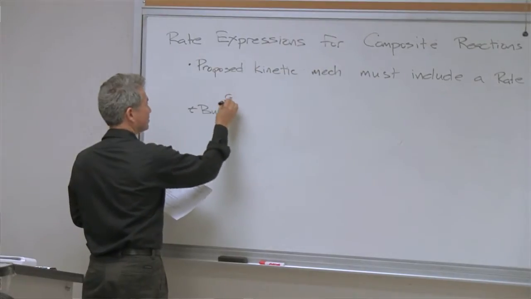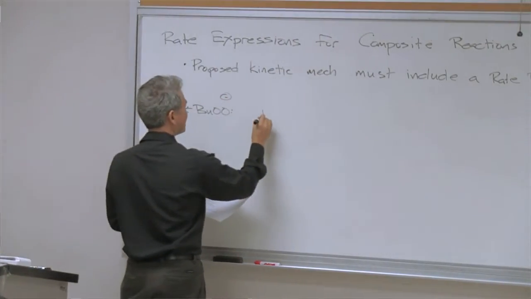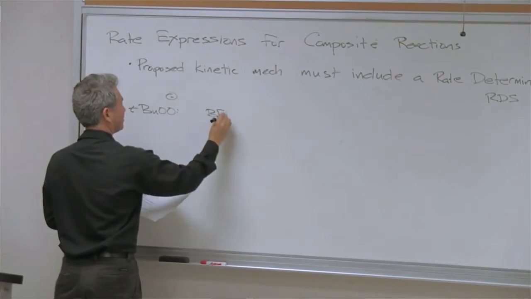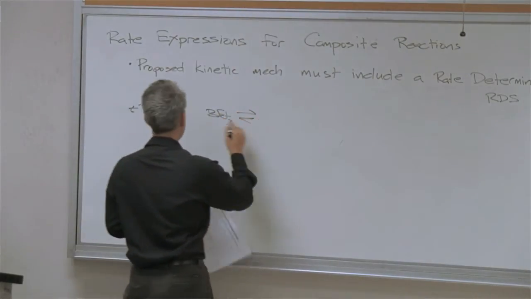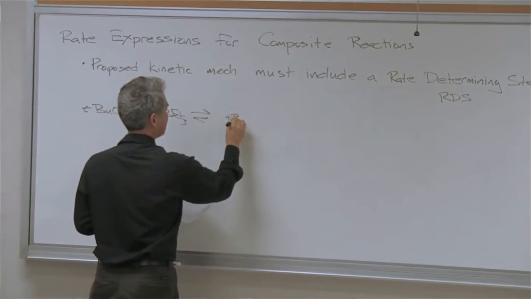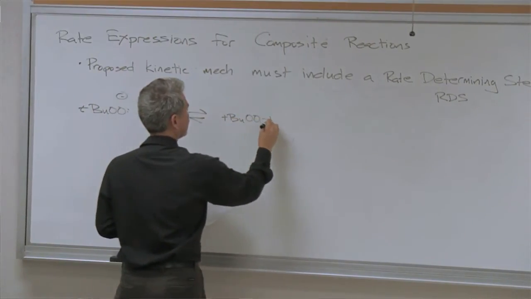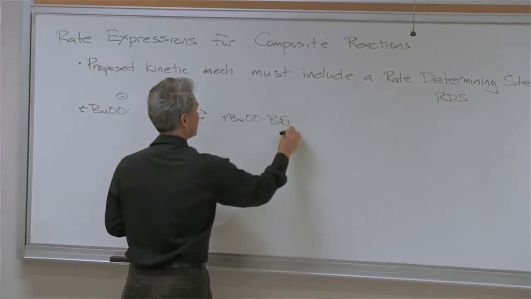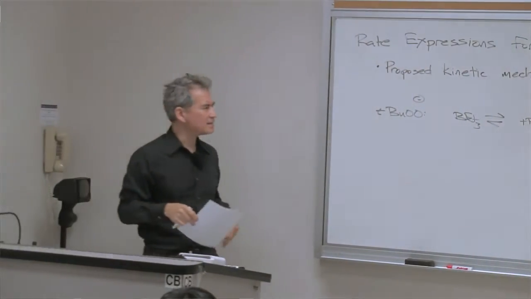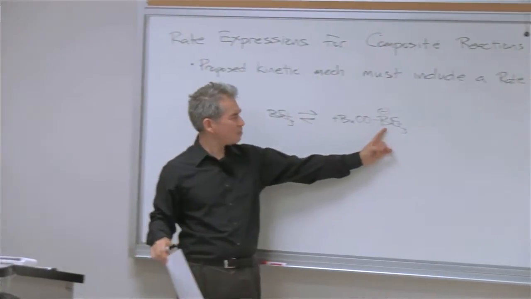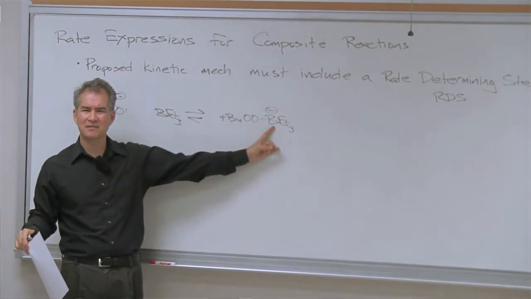So let's come back to my simple, I've got T-butyl hydroperoxide, I've got the triethyl borane, I've got some sort of a process here where maybe the T-butoxide comes in to make a boronate, or more specifically a peroxyboronate. And now my negative charge is on boron, which is not electronegative.